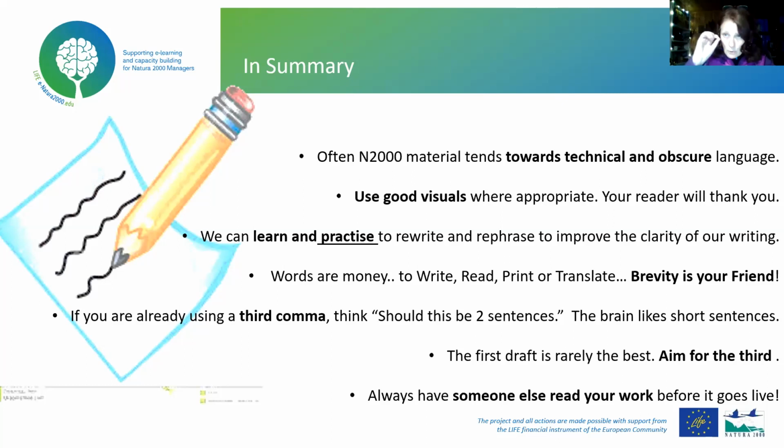Use visuals, but use good visuals where they're appropriate. Your reader and your reader's brain will thank you for it. Writing is a skill, and it's something that you can learn through practice. One of the best ways to improve your writing is to read, and to read different forms of writing. And that will certainly inspire you and give you ideas and show you different structures and different ways of presenting information. So, you know, invest in some new books.